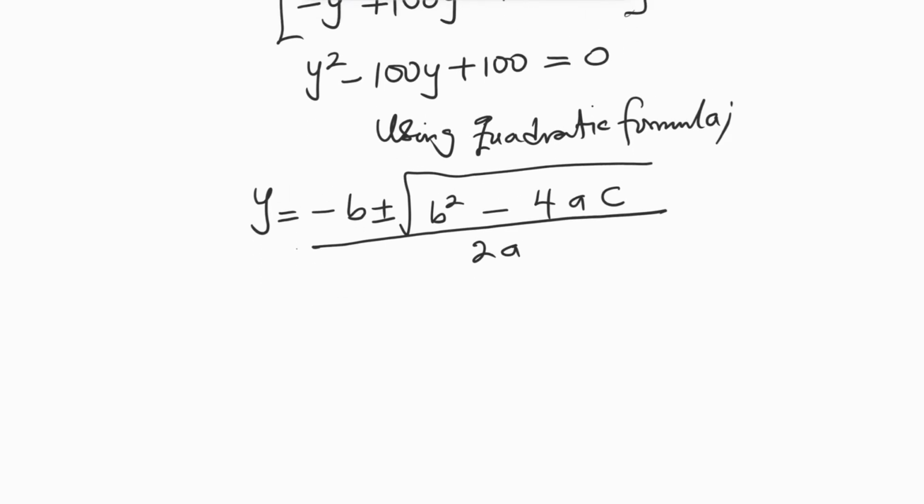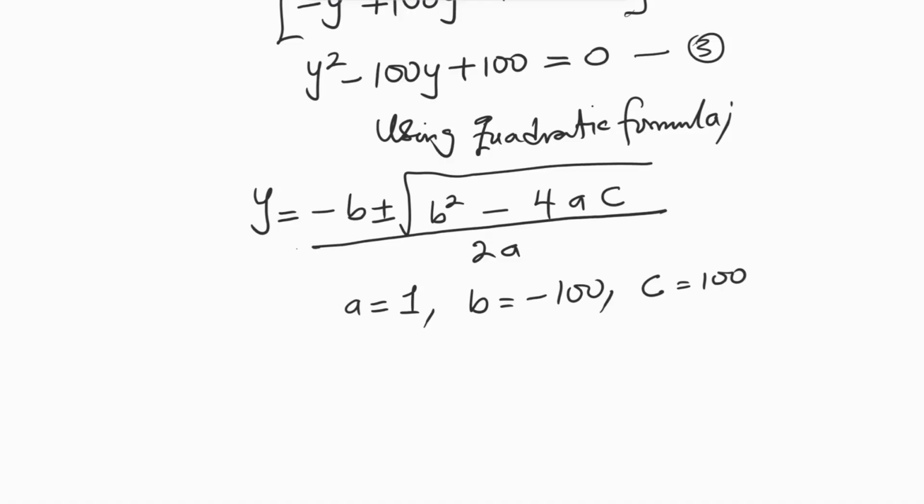Now, from our equation, let's say this is our equation 3. Our a is equal to 1. Our b is minus 100. And our c is 100.